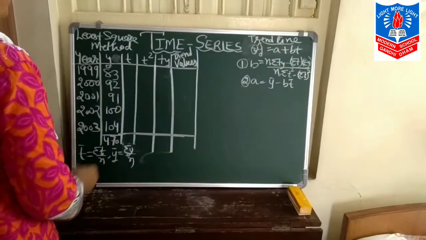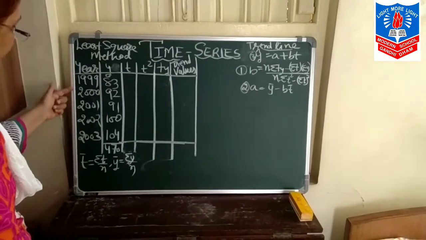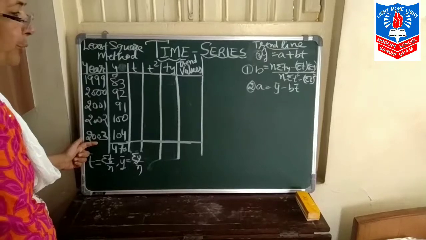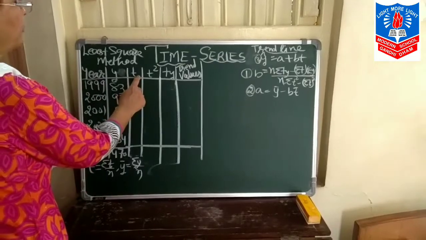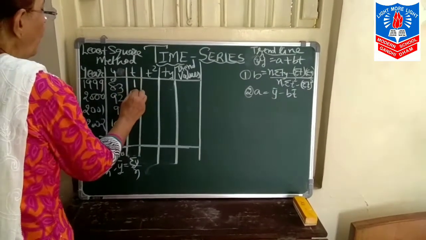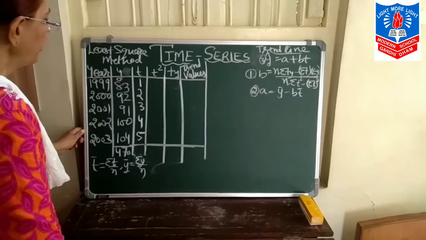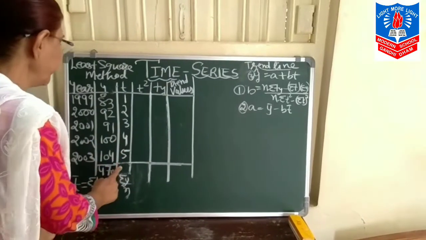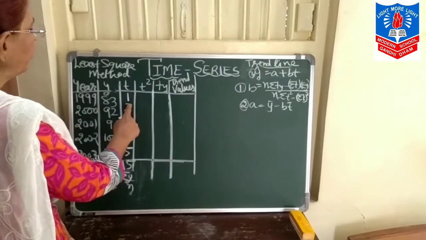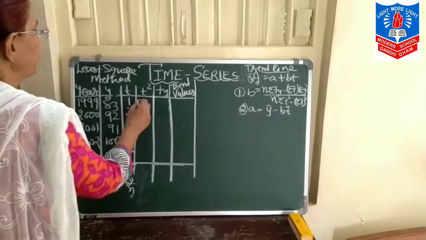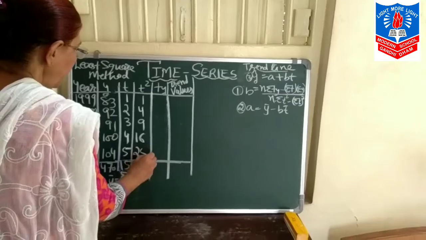Now first, always remember, if the years are mentioned from 1999 to 2003, or sometimes months, we convert this into t, and that will be 1, 2, 3, 4 and 5. This way we give the numbers in order only. Total of t is 15. Now let us go for the next, that is t square. 1, 2 twos are 4, 3 threes are 9, 16 and 25.